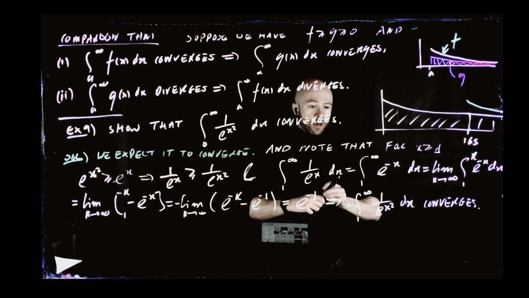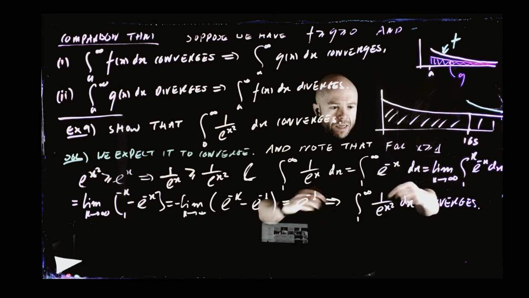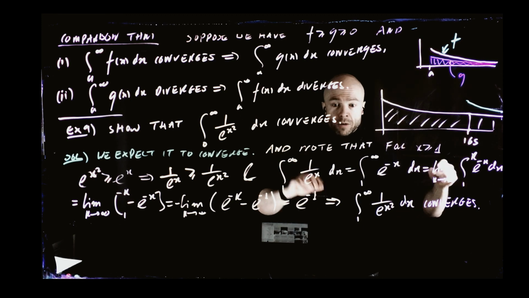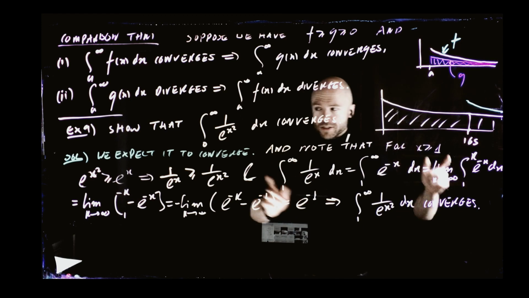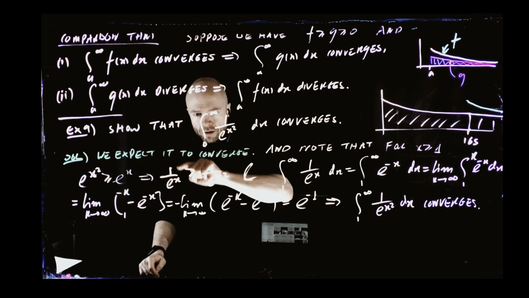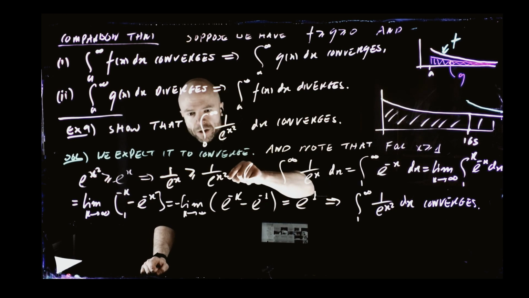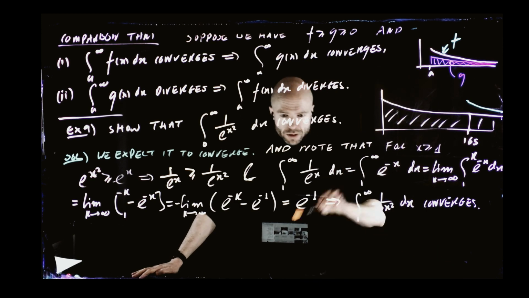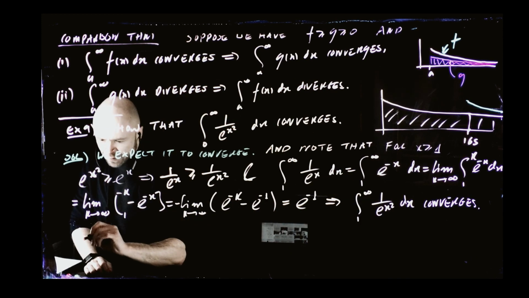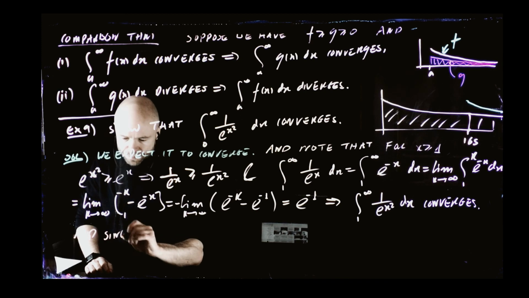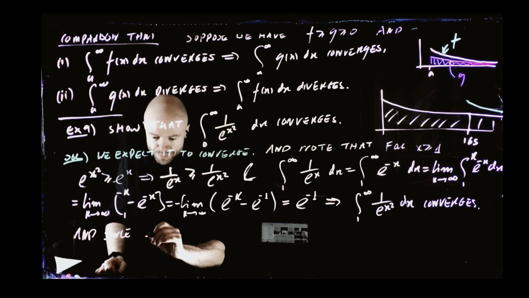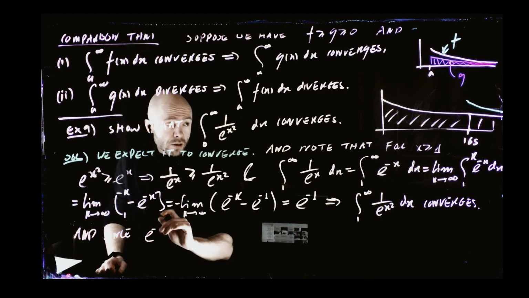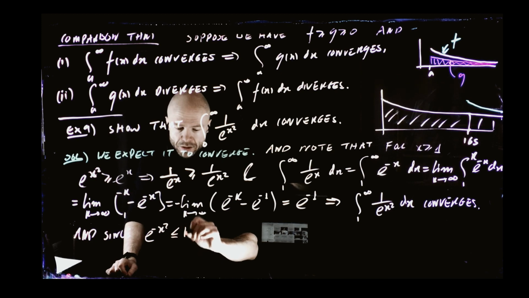Yeah. So we can make our life simpler by not starting from 0, but starting from 1, because if we start from 1, there's an easy candidate for a function that lives above our function that we can easily explicitly integrate. So we know that this thing converges, since we can think about e to the minus x squared, which is always less than or equal to 1.